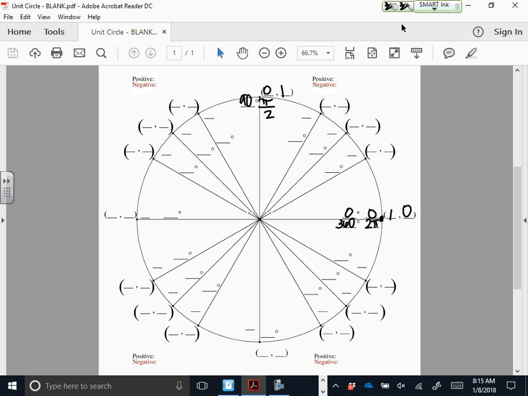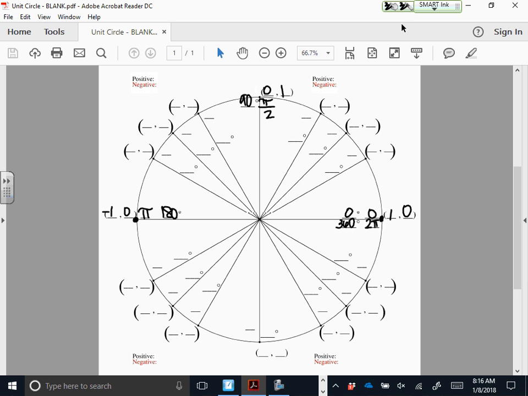What we're filling out right now, these are called quadrantal angles because they're in between the quadrants. Okay. All right. How many degrees are we over here? 180 degrees, which is the same as how many radians? Pi. What would this coordinate be to the left of the center? -1, 0.